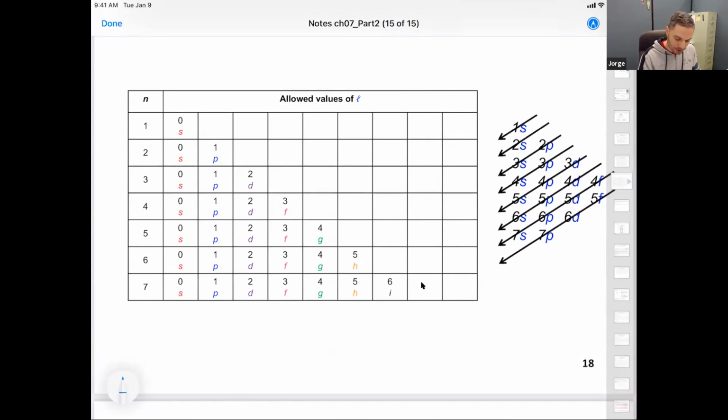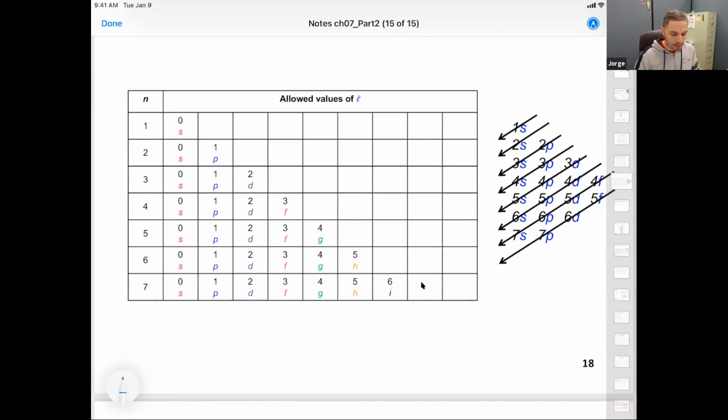And that's very similar to something I showed you earlier in the course, how you distribute the electrons among shells and subshells. Now we are going to use the word orbital instead of subshells. On the diagram that I showed you, we don't have 5g, or a 6f, and neither a 7i.